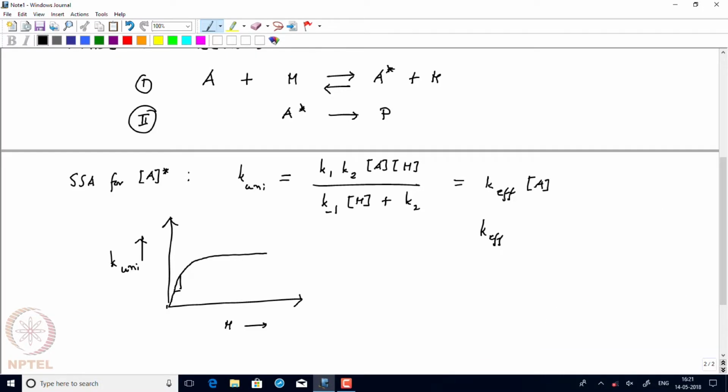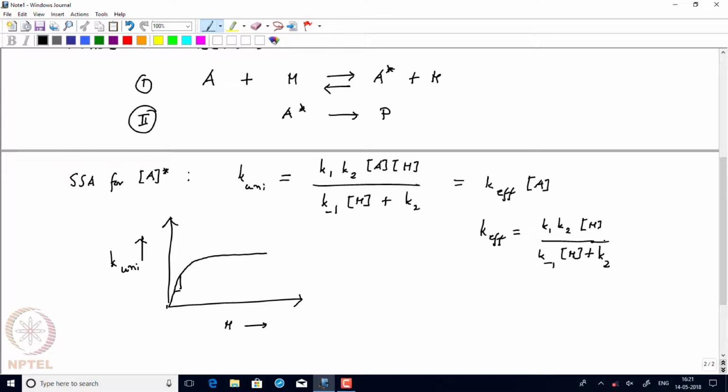So k effective is nothing but k1 times k2 times M divided by k minus 1 times M plus k2.